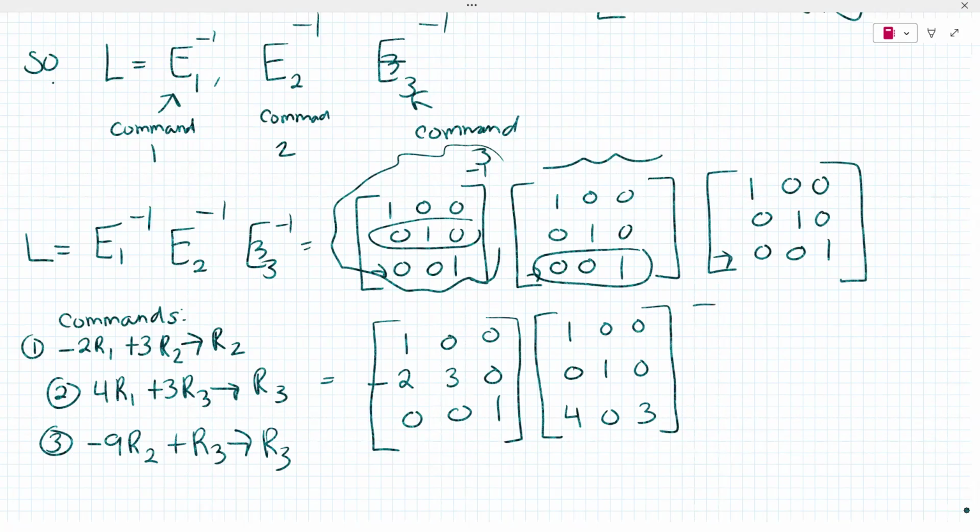Now command 3 is matrix 3, and we're going to mess with row 3. We multiply -9 times row 2 plus row 3 gives us your new row 3. So your new row 3 is going to be 0, -9, 1, and the rest stays the same.